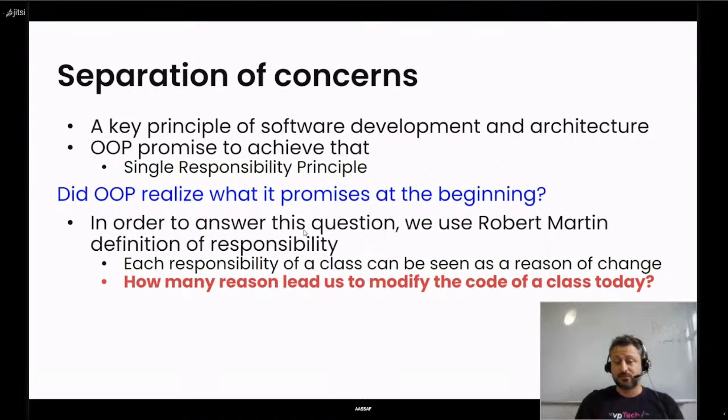I think it's easy, not a thousand, but a lot of reasons lead us to change a class. So a class in reality does not have a single responsibility, and for this reason, OOP failed to achieve this.